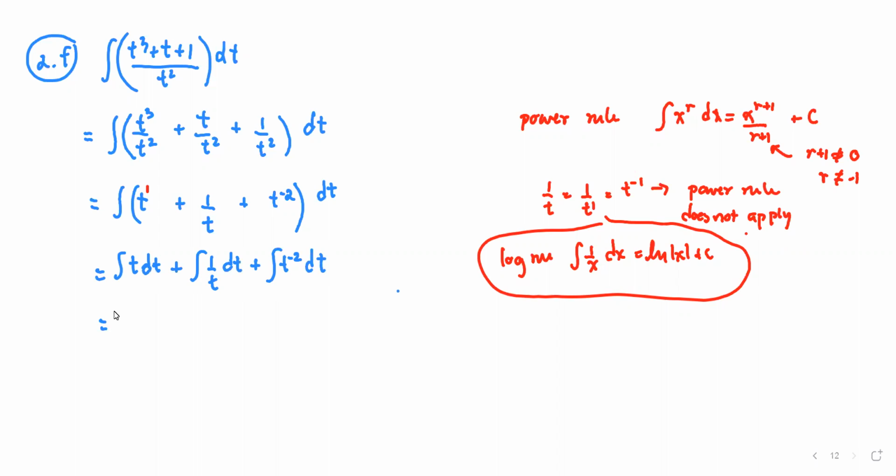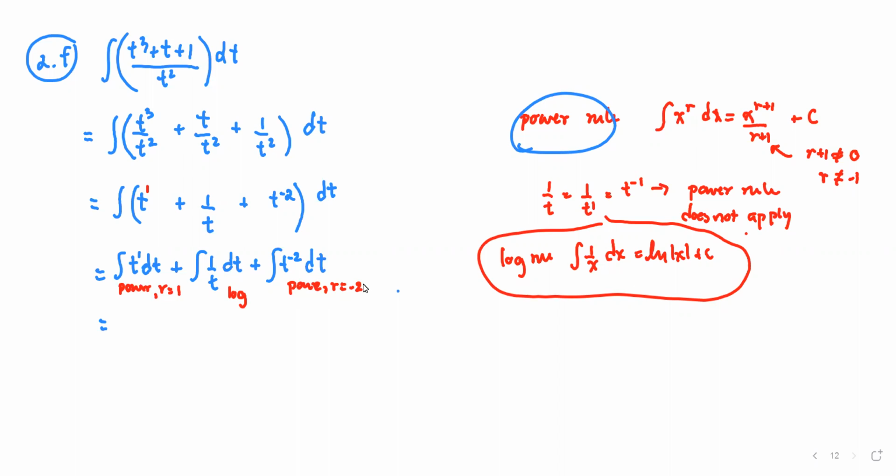The first one we use the power rule where r equals 1. This one we use the log rule. This one we use the power rule where r equals negative 2.